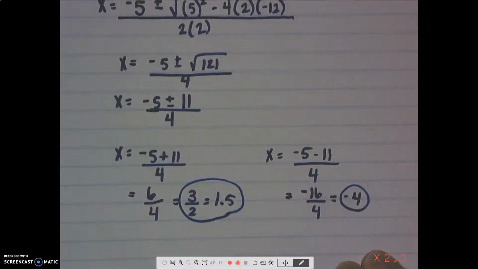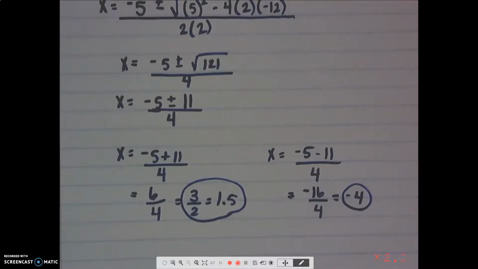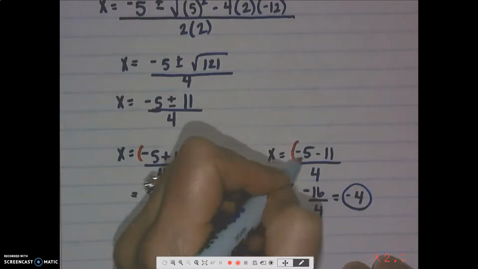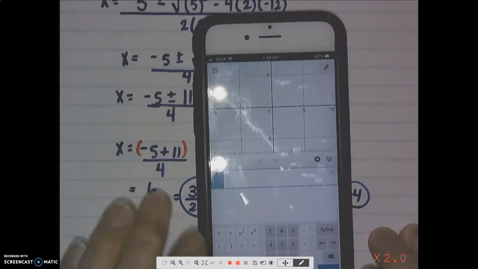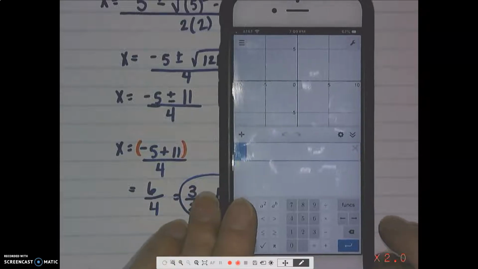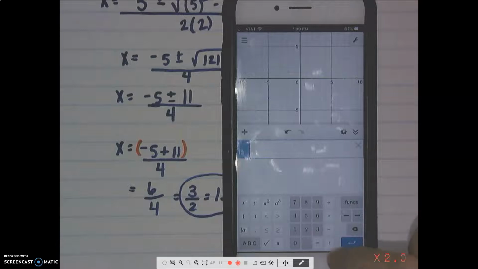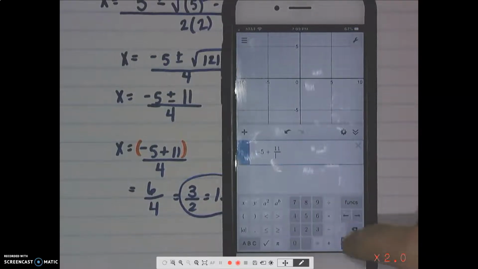Now, if you're going to choose to type this into a calculator, you would need to do so like this. We have to put the numerator piece in parentheses, and I'll show you that here. If I just try typing in negative 5 plus 11 divided by 4, do you see how that 11 is the only thing being divided?